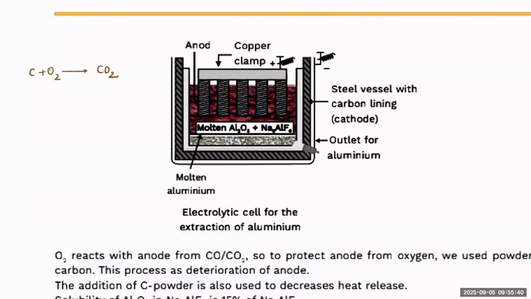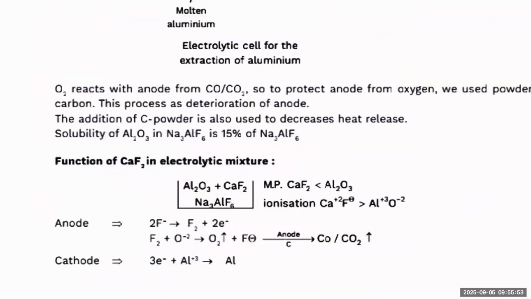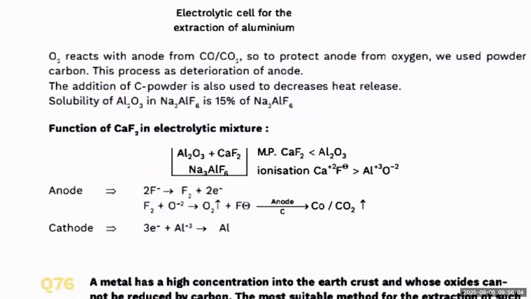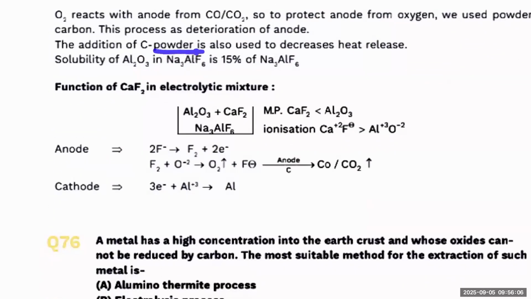So just to avoid the deterioration, we can add some amount of powdered carbon coke on the surface of the molten liquid, so that the released oxygen can immediately react with that carbon rather than directly reacting with the anode. And carbon addition is also going to decrease the amount of heat that is released.